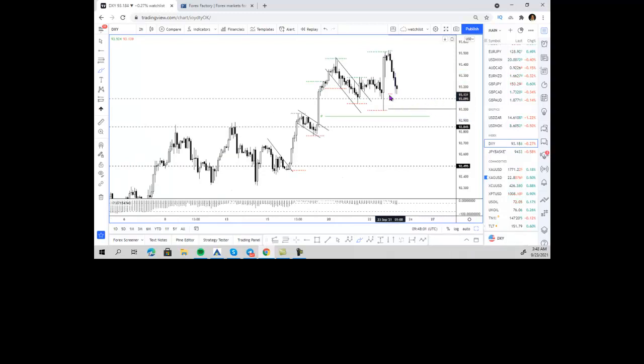But because of these big wicks that we've had, this is of course a rejection, with big buyers jumping in. I need a clean break and a clean retest of that 93.10 level to be able to go short on the USD.